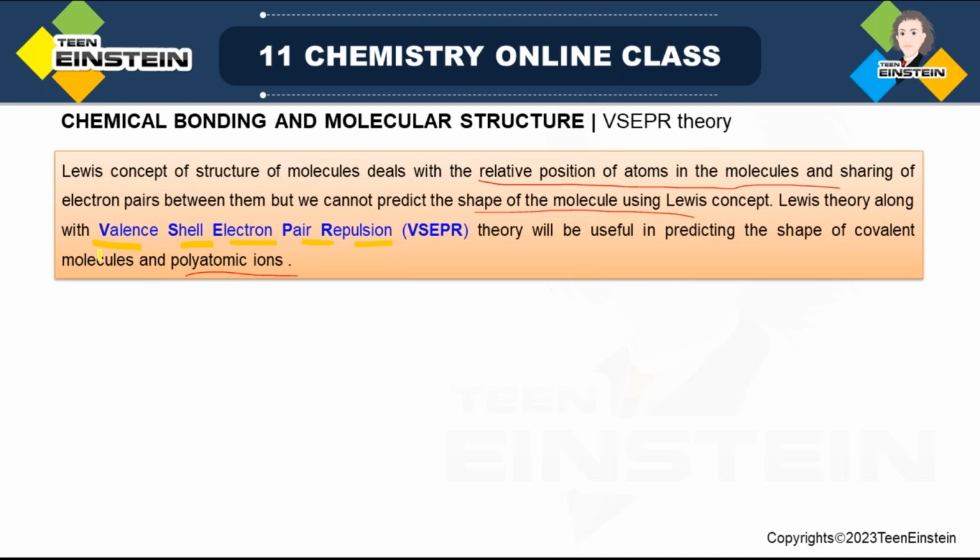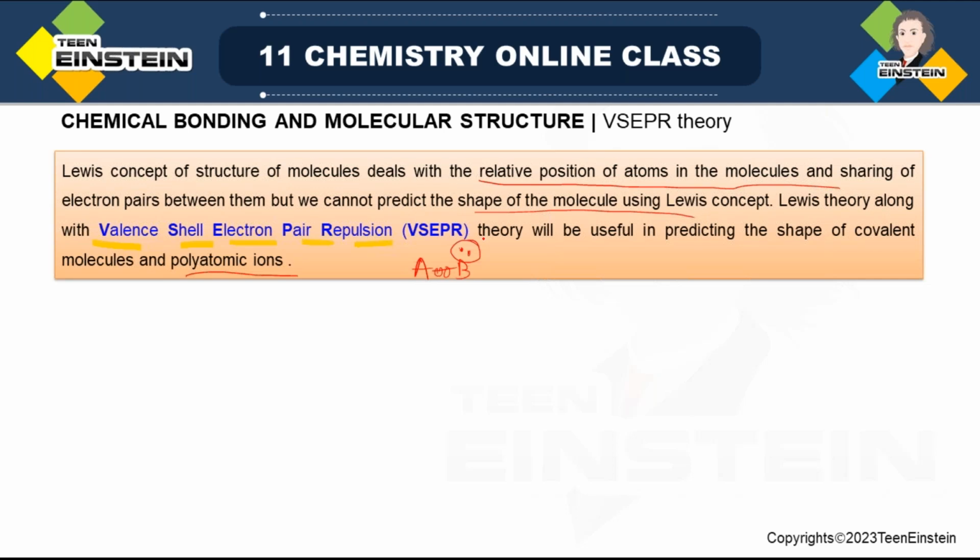Suppose you have two atoms, A and B. When we are considering this covalent bond, there are basically two electrons. So this is a bond pair of electrons. But suppose there is a lone pair over B. These electrons are not taking part in bond formation, so that is why I am calling it a lone pair. And remember, it is a pair, that is why lone pair. You can also call it non-bonding electrons because they are not part of the bond.